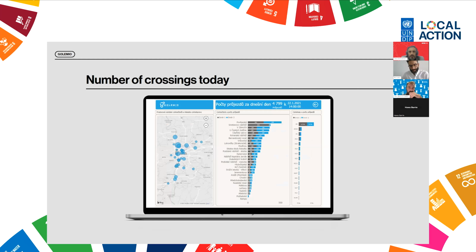This is another way to manage. This is for cyclists, so number of cycle crossings. We do a report on a daily basis, and so you pretty much know at what time, what day, people are cycling in which direction. It helps you understand how many cyclists you have in the city, but also what is the demand and the stress that's being put on the infrastructure.